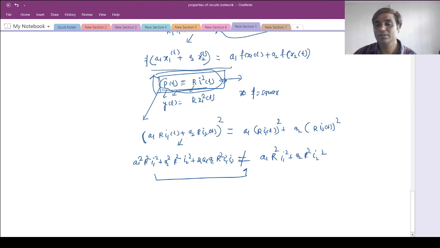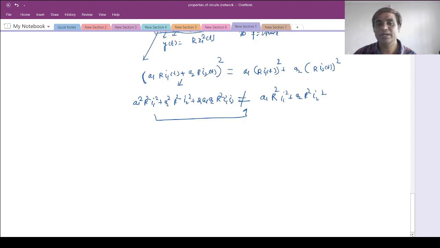Okay. Now, instead of that, if I take the relation for the circuit in terms of voltage and current, as we already decided to check the linearity, I will assume the relation between voltage and current. Suppose I write for the same resistive element, V of t will be equal to R i of t, and to identify whether it is a linear circuit or network, I will check with the help of the voltage-current relationship.